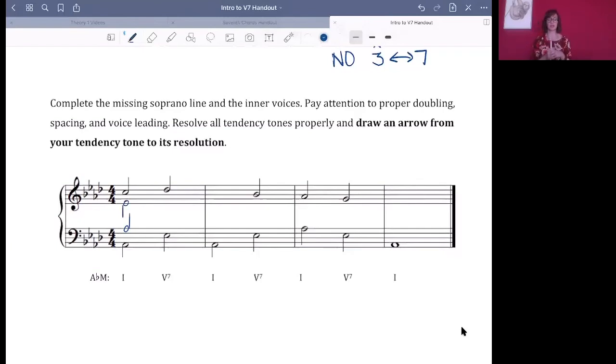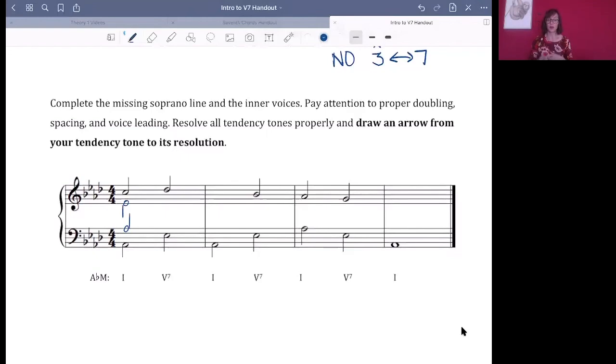We'll put another root in the tenor, and we'll put the fifth in the alto. And I would like you to go forth and see what you come up with for your inner voices and those missing soprano notes. I would like you to find your tendency tones as you work and draw arrows to the resolutions. It's mostly for the purpose of the chordal sevenths.